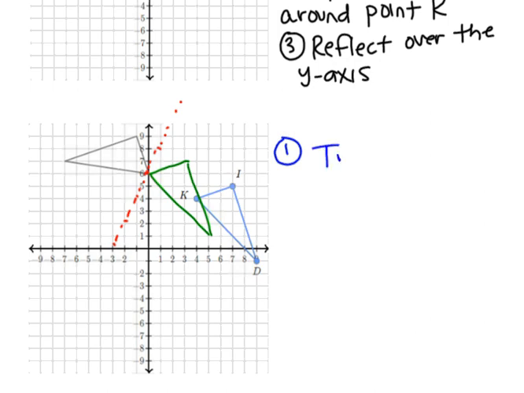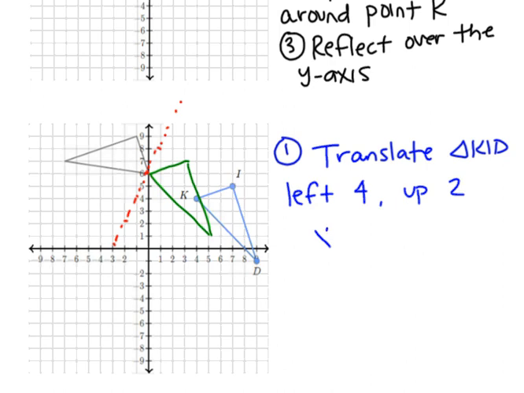We're going to still translate triangle KID left 4 and up 2. And just like before, that would be x minus 4 to go left 4 and y plus 2 to go up 2.